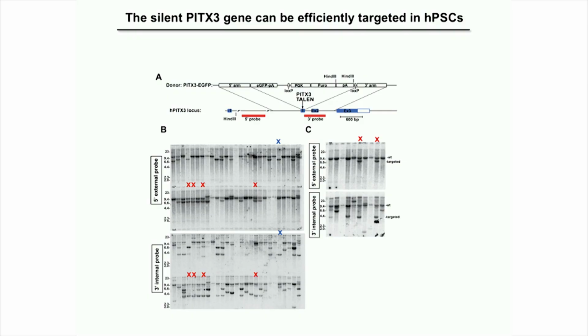If we had analyzed this only with the 5' external probe, then we would have probably called this also a homozygously targeted clone. However, if you look at the homozygous targeted clone here, on the 3' external, you see an additional band. Okay?